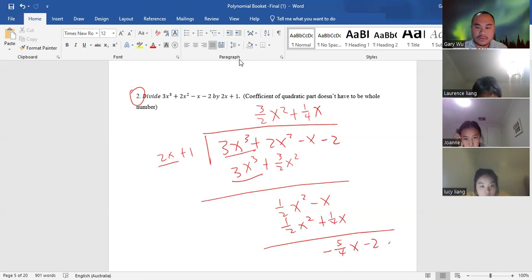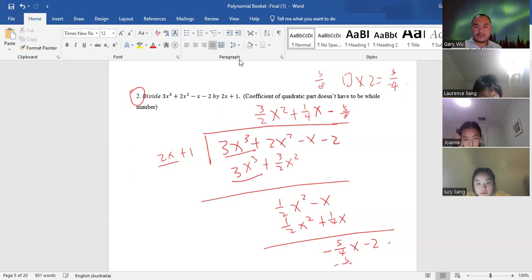Okay, and the idea is for me to minus, so what times 2? What times 2 equals to this? So it would be a over a. Yeah, so it will be something like that.